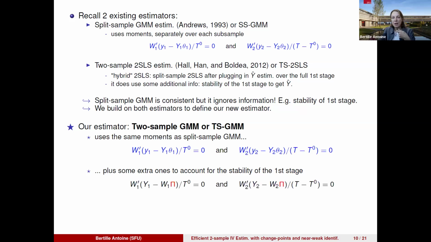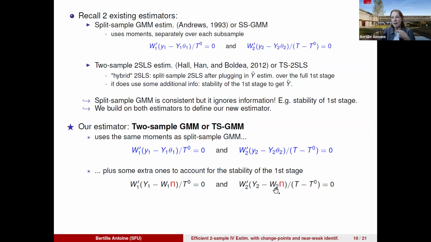What that means is that we are not going to use the full sample moment over the entire sample. We are going to use split sample moments of the first stage, but notice that the pi parameter, the slope parameter in my first stage, is the same.